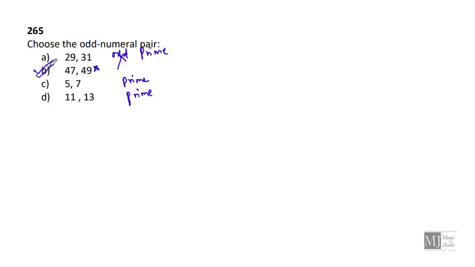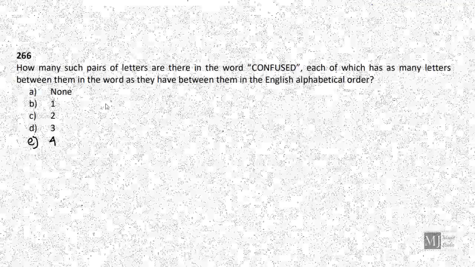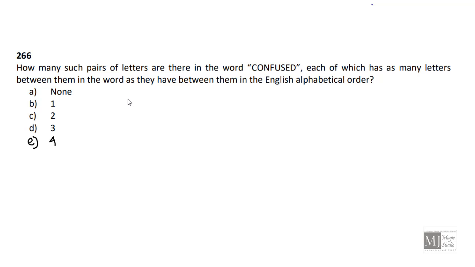Option B fits in. How many such pairs of letters are there in the word CONFUSED, each of which has as many letters between them in the given word as they have between them in the English alphabetical order? And in these types of questions, we may go forward and we may also come backward. So let's check.